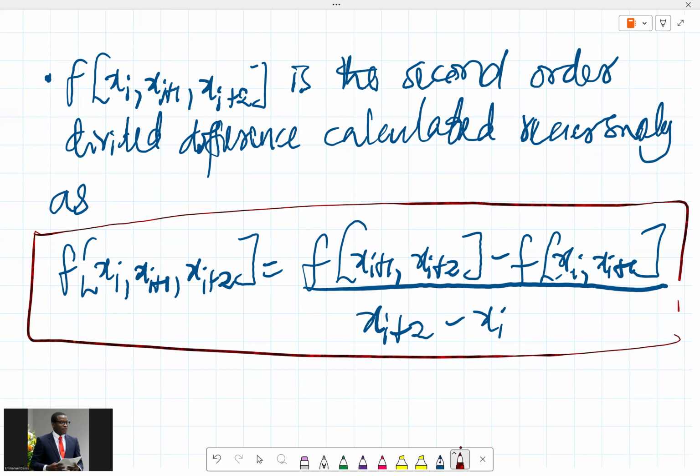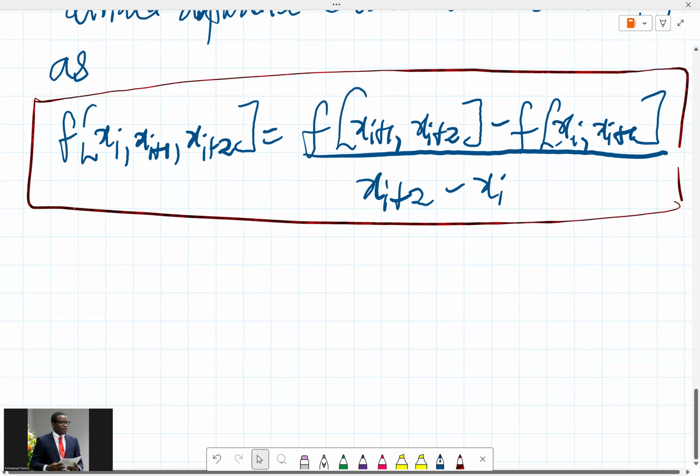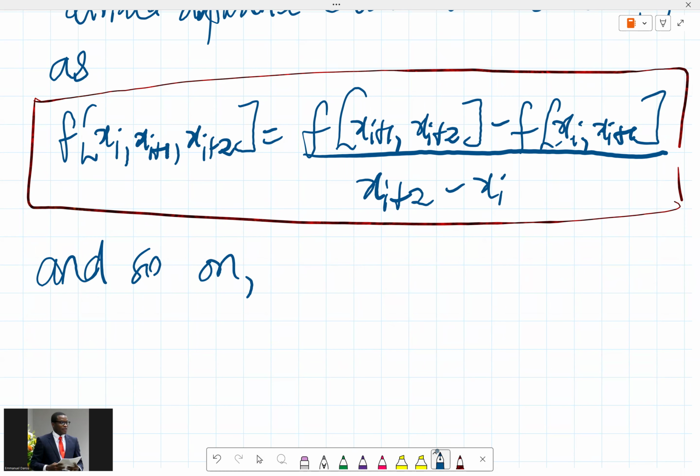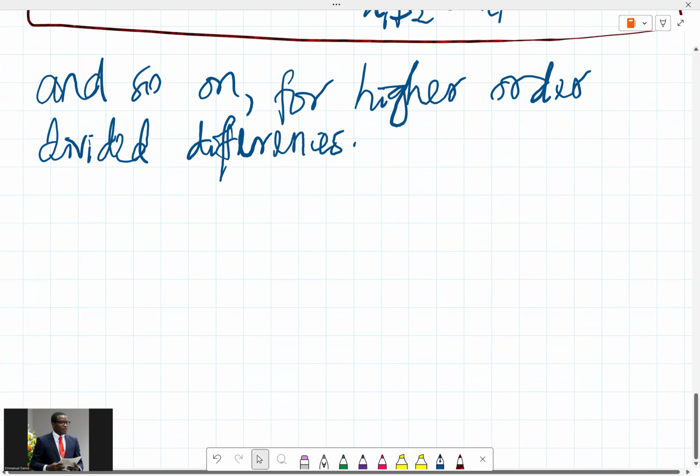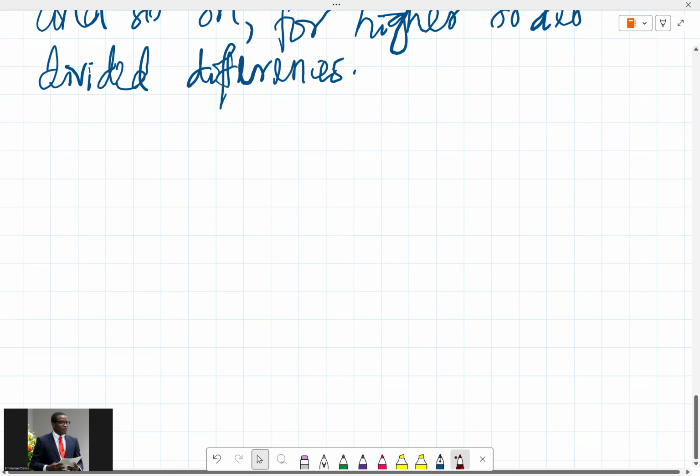And so on for higher order divided differences. The formula may look complicated, but you can do these things from your table, as I'm going to show later on. We can also do it using the formulas.